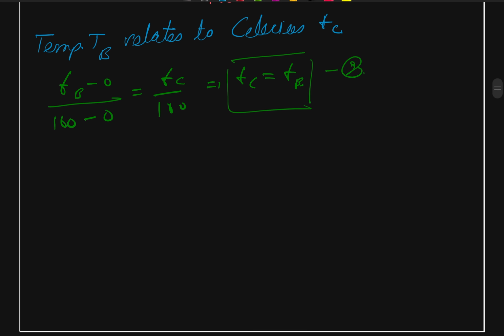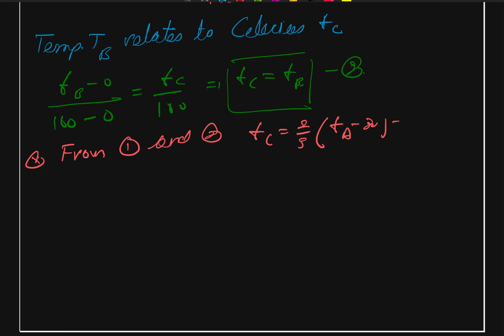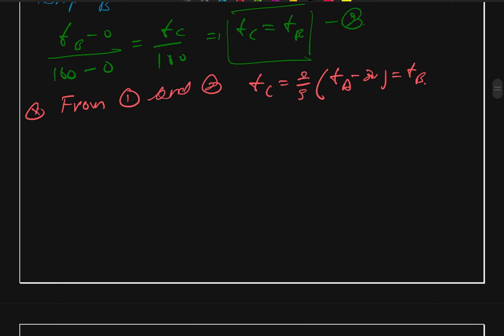So from 1 and 2, we can write that our Tc is equal to 2/3 T of A minus 30, which is equal to our T of B, because Tc is equal to T of B. Therefore, we can say that temperature at our B is equal to 2/3 T of A minus 30.